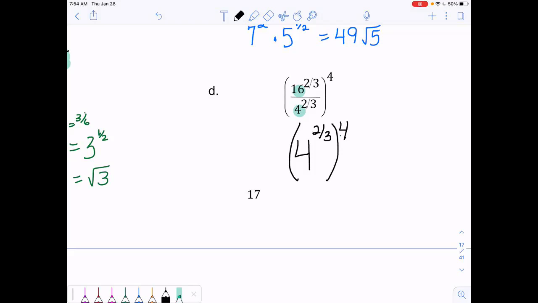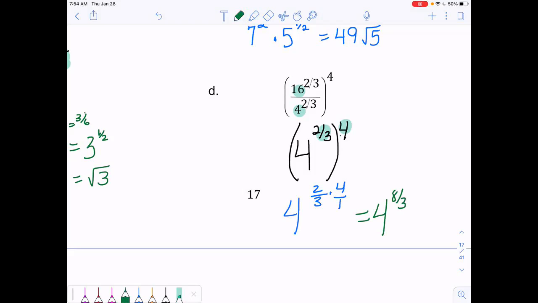So the next step, Jaden, we have 4 to the 2/3 and then the 4 outside. What do we have to do with those two exponents there? So we multiply 2/3 times 4. And that becomes 4 to the 8/3. Perfect.